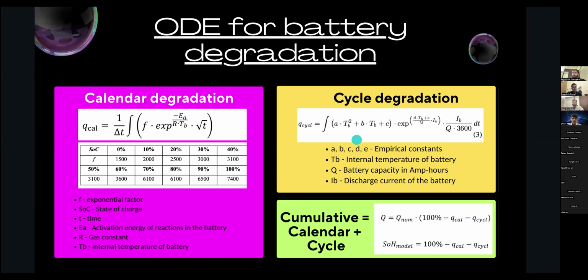These are basically empirical constants that help you fit the model. And it's not very accurate because there are so many constants and different types of batteries that all have different values. The number of empirical constants is the reason why this equation is not so reliable. And now let's discuss the discharge current, or IB.